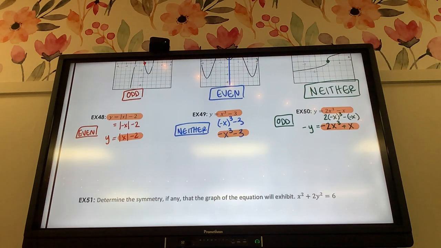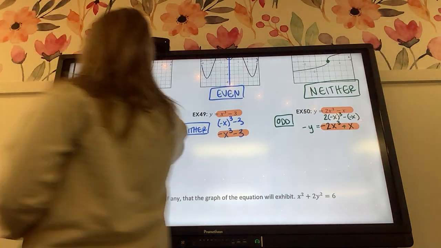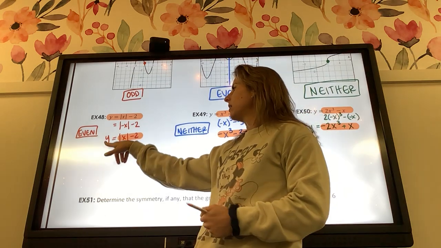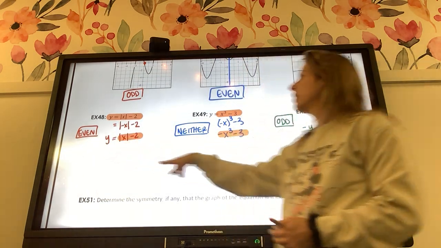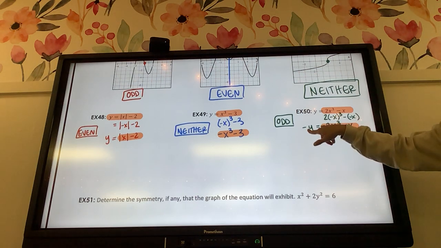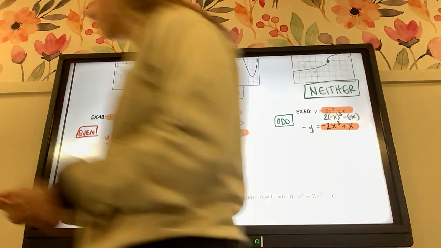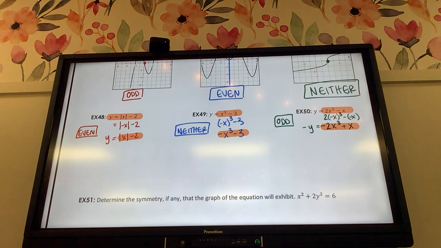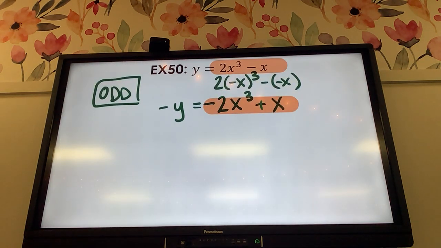When I plugged negative x into this even one, it equaled regular y. And when I plugged negative x into this one, it equaled the opposite version of y. So you can plug negative x into the implicit forms, but instead of looking for opposites, you're just looking for the same thing. I think it kind of makes sense.